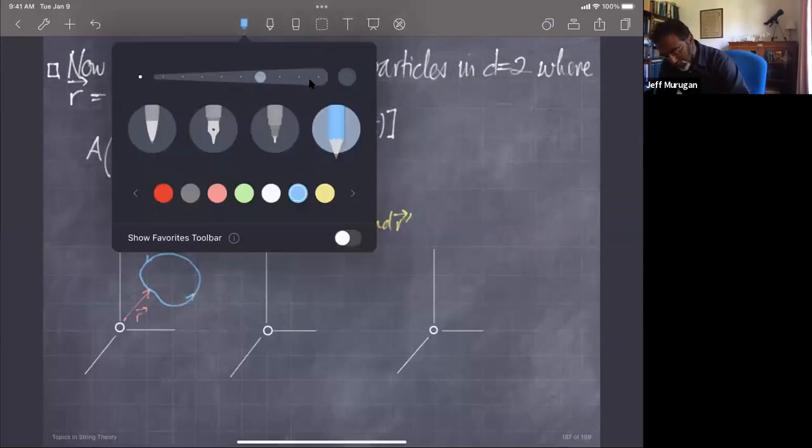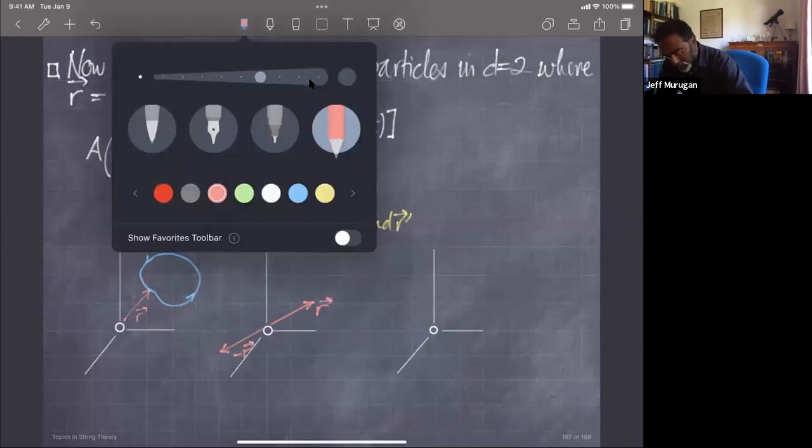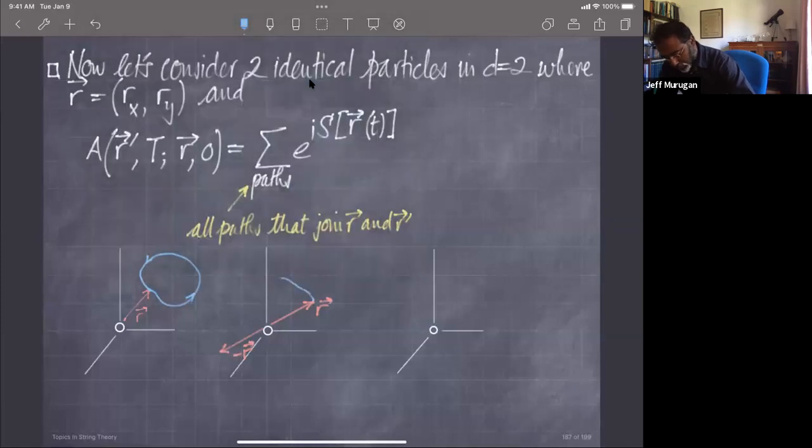Second one is going to start at R and end at minus R. And the path itself could look like this.